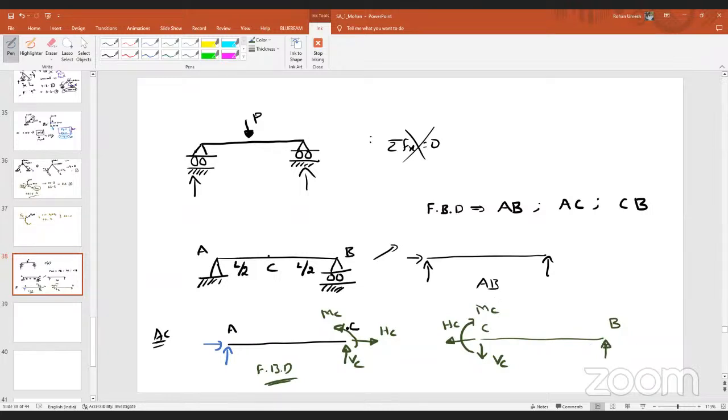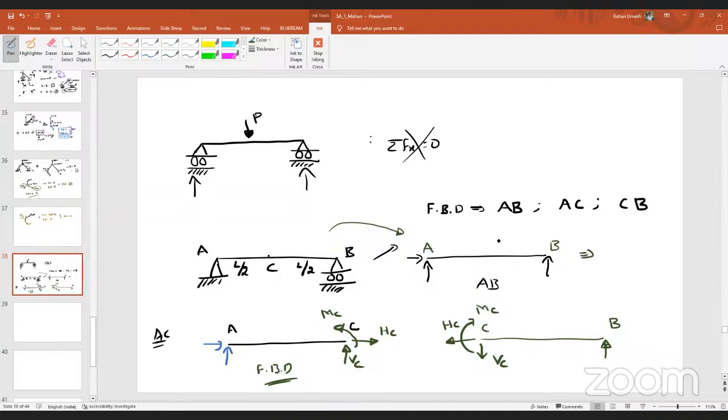Right. Now, you can understand the indeterminacy for each individual part. What is the indeterminacy for AC? One, sir. If I look at the free body diagram of the entire problem AB, is there any indeterminacy?